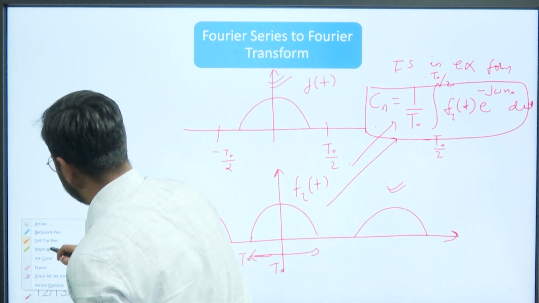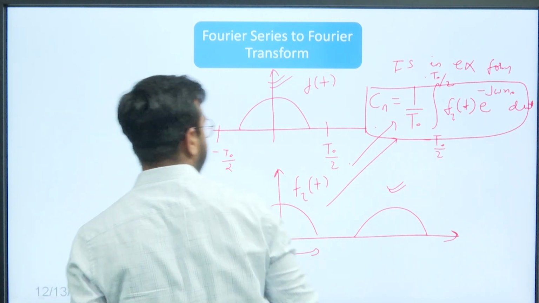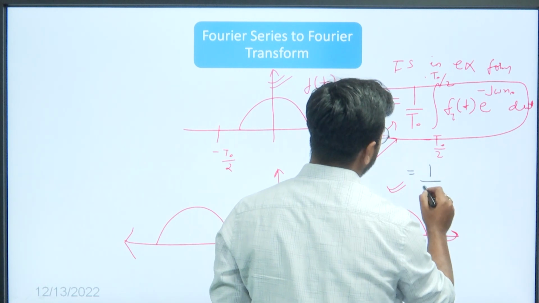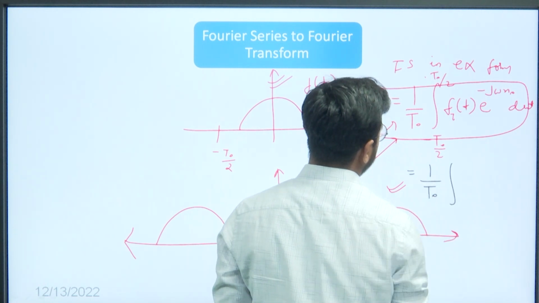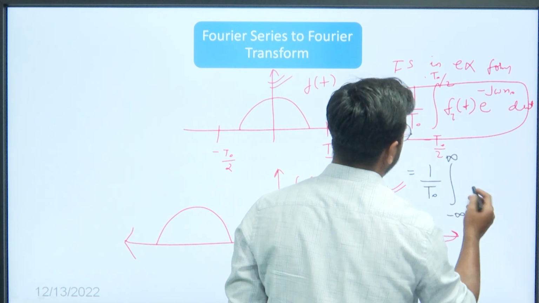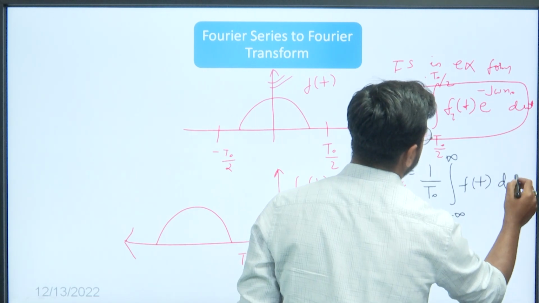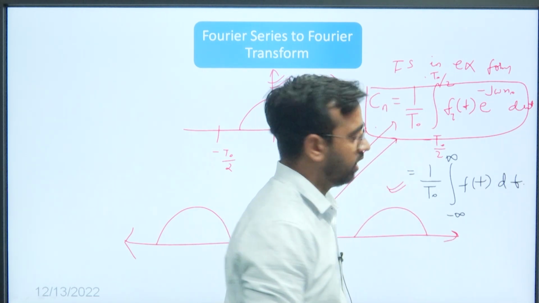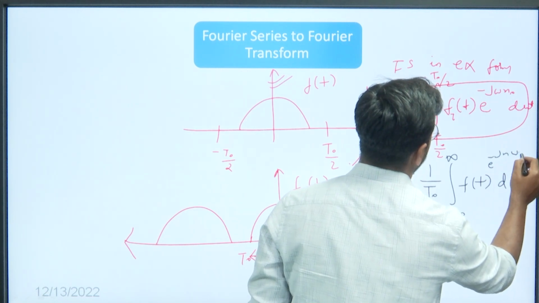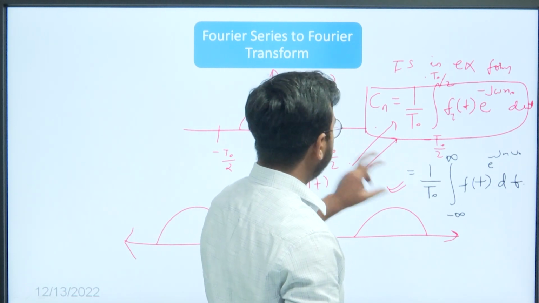Now suppose I write it as 1 over T naught, integral from minus infinity to infinity of ft dt, times e to the power minus j n omega naught t.